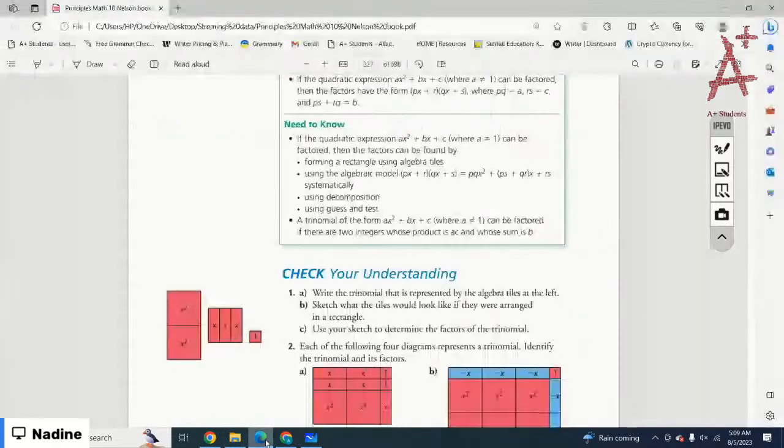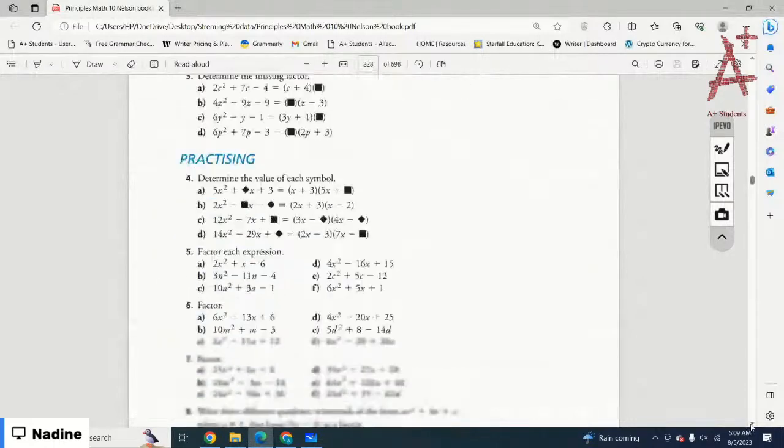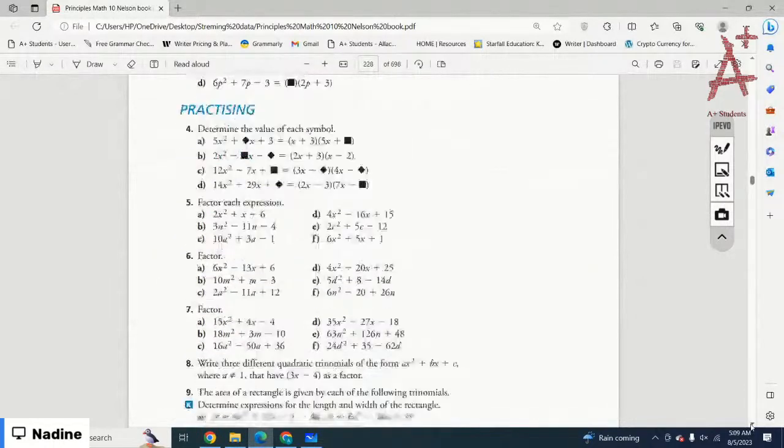But you can see here you have negative 7x, right?